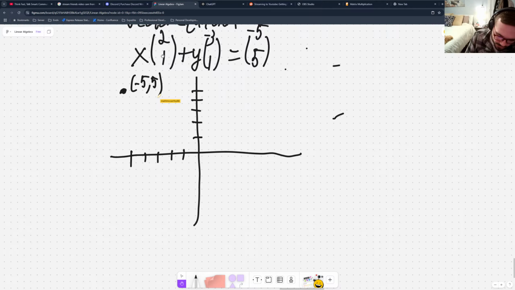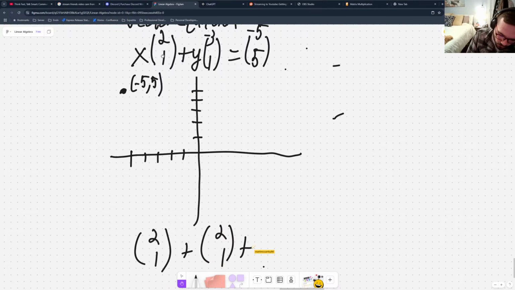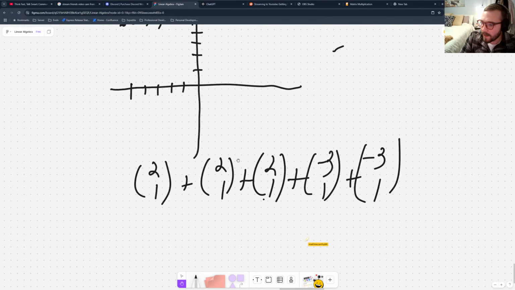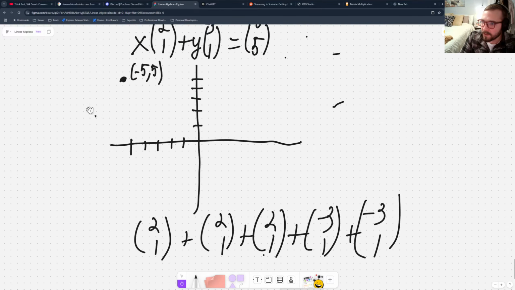We need some way, let's say we had 2, 1 plus 2, 1 plus 2, 1, and then maybe we want to add the other one a little bit, -3, 1. Is there a way that we can add these vectors up so that we end up landing at this point?